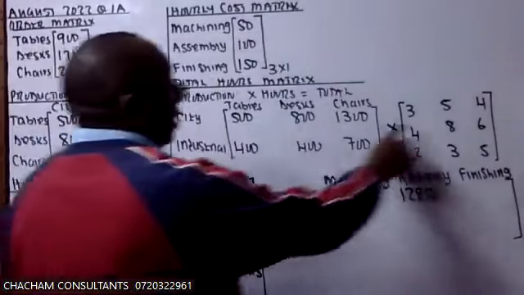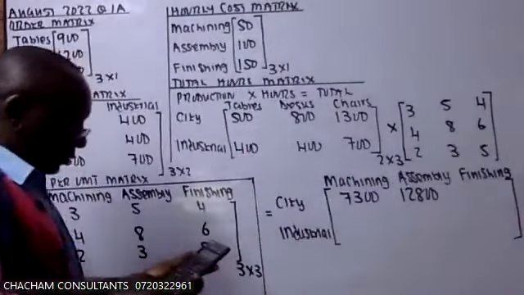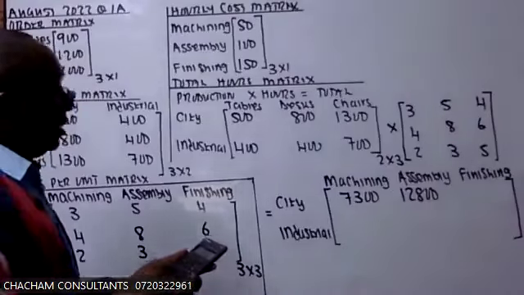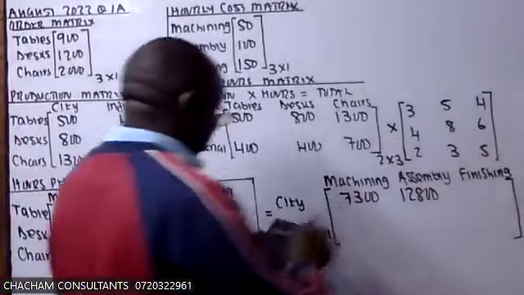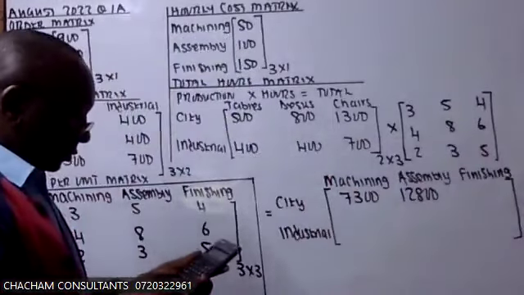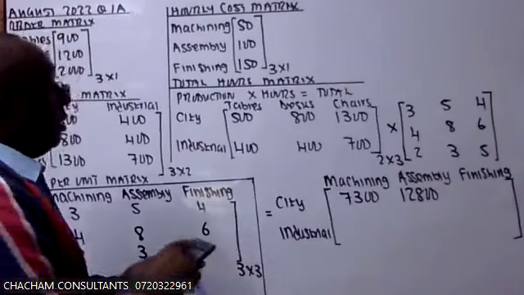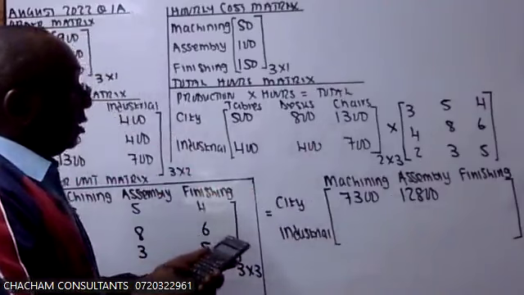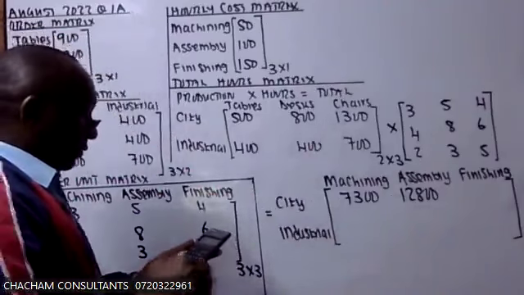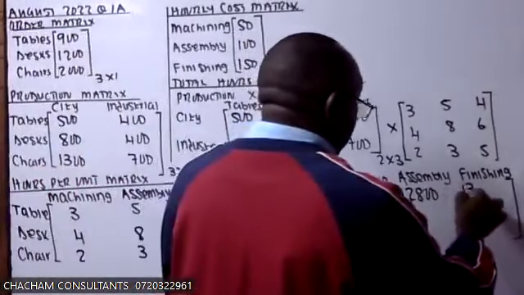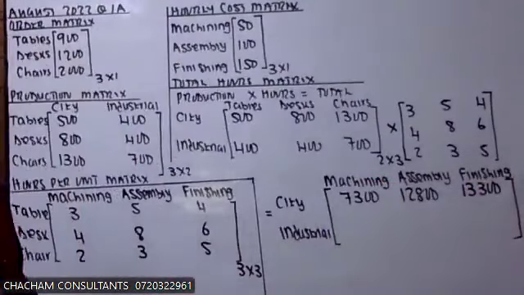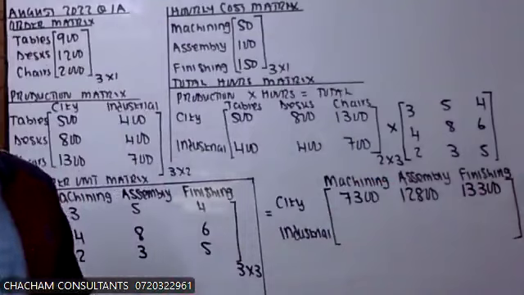Then I take 500 times 4 plus 800 times 6 plus 1300 times 5. 13,300.